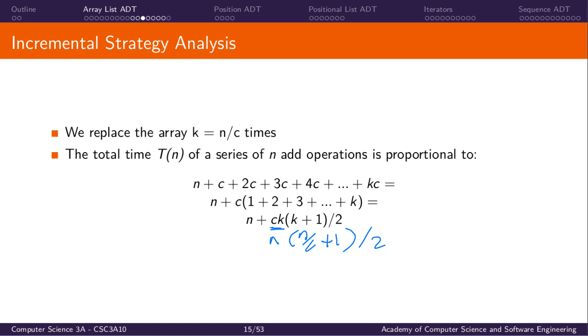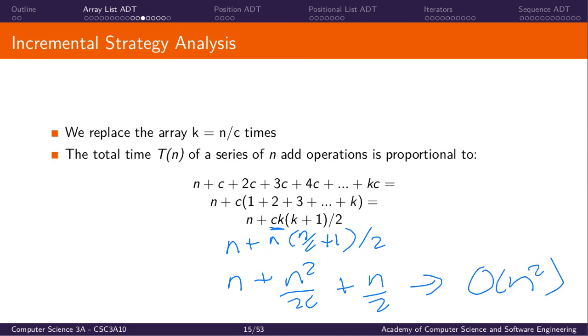That C is a constant, that rate does not matter. What we're going to end up with is this n here, so a linear term, plus some quadratic term here. Yes, it'll be 2C at the bottom there, but we're not worried about that. And we'll end up with n over 2 there. We said that this is order n squared.